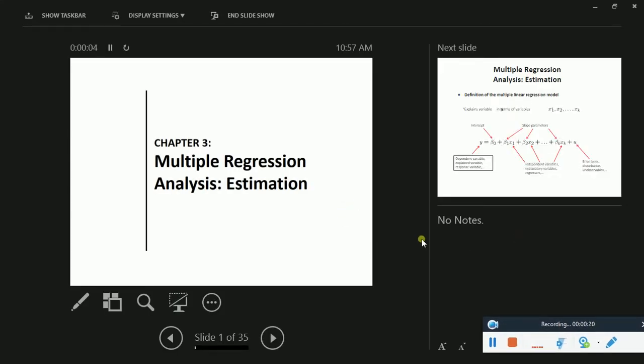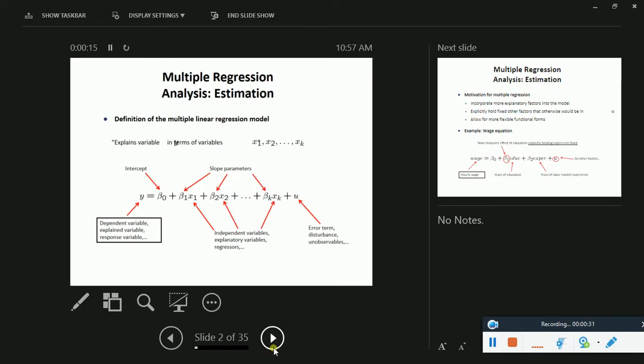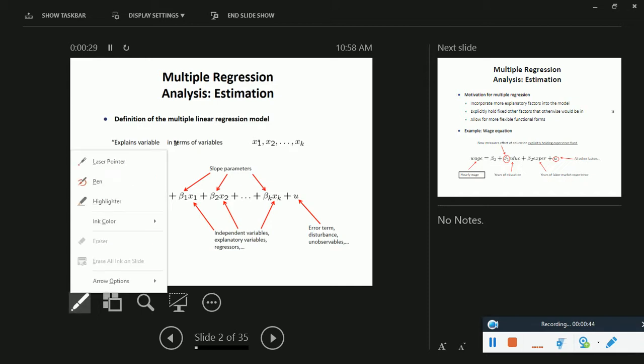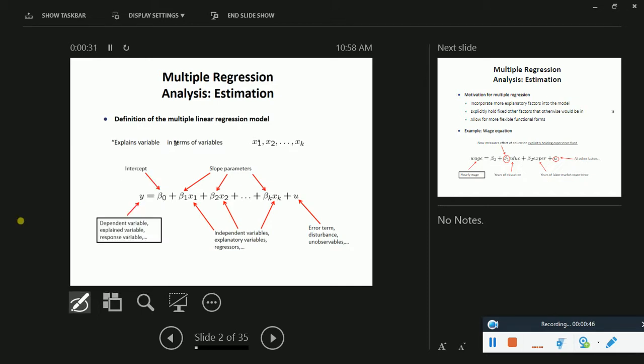Okay, so in chapter 3, the definition of the multiple linear regression model. Here, as you see, there is the dependent variable, which we also call the explained variable or response variable.